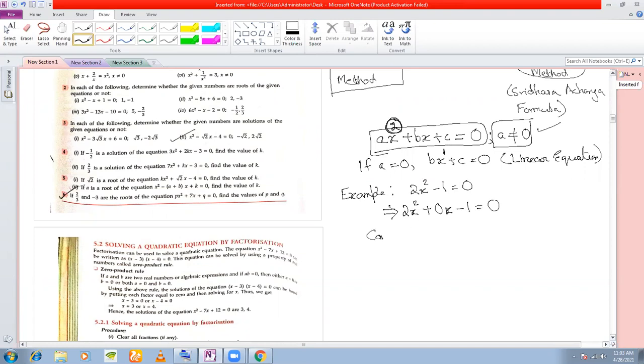Now, if you compare this with ax square plus bx plus c is equal to 0, then what do we get? What are the coefficients? These are called the coefficients. A is called the coefficient of x square. If you compare this, a will be 2. B is called the coefficient of x.